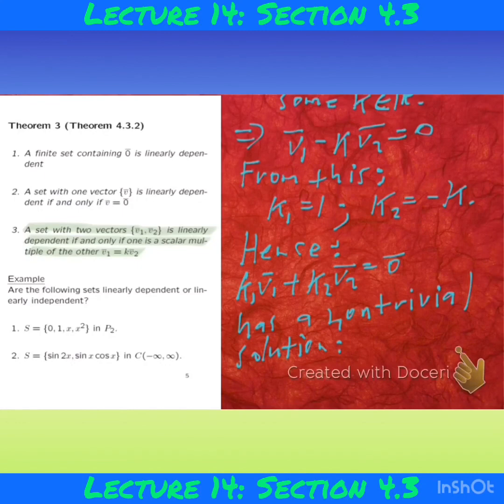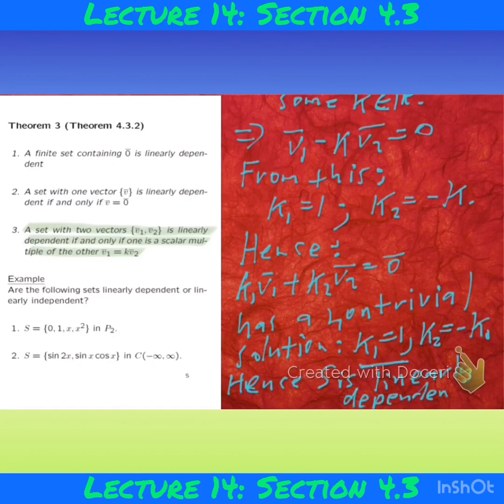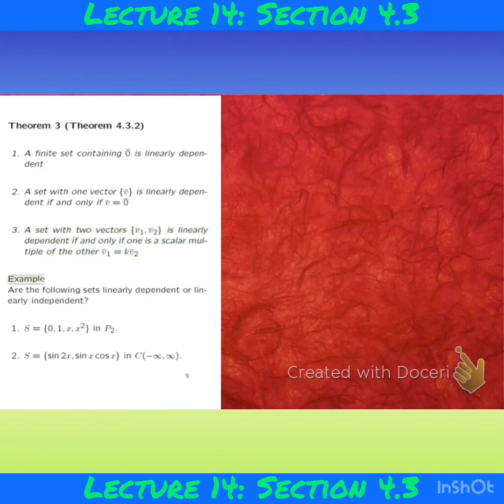The non-trivial solution there is the solution where K1 is 1 and K2 is minus K. Okay, and this is a non-trivial solution because that's non-zero. So hence S is linearly dependent. Okay, now let's apply this.